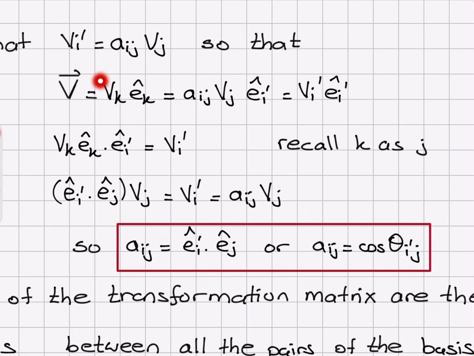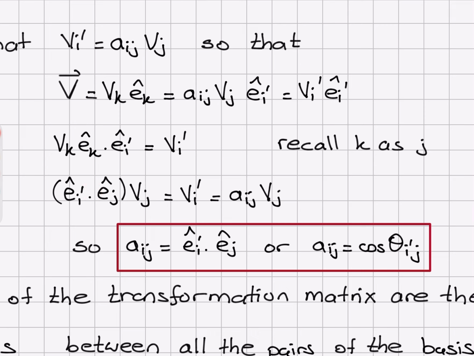If I take the dot product of this with e_i prime hat, v_k e_k hat dot e_i prime hat, for the right hand side, e_i prime hat dot product with e_i prime hat gives me 1, so it's v_i prime. If I recall k as j, it becomes, and I can change the order here, it doesn't matter in the dot product, e_i prime hat dot product with e_j hat v_j.